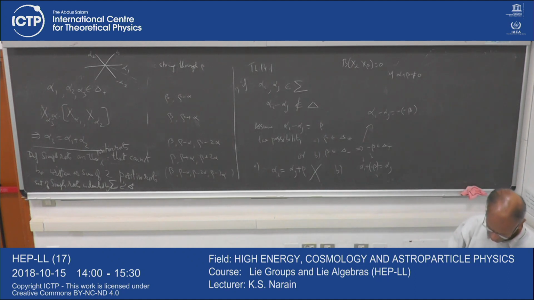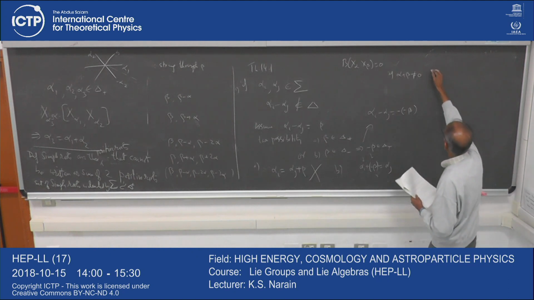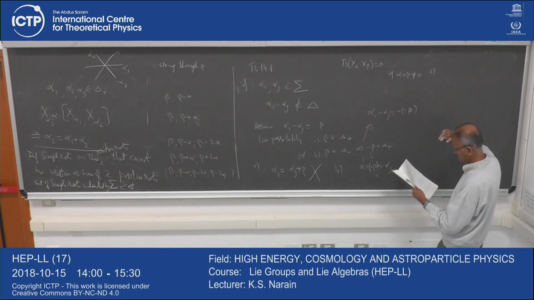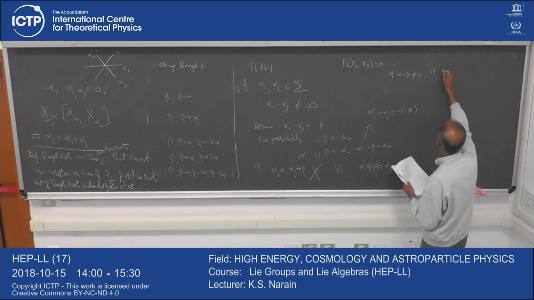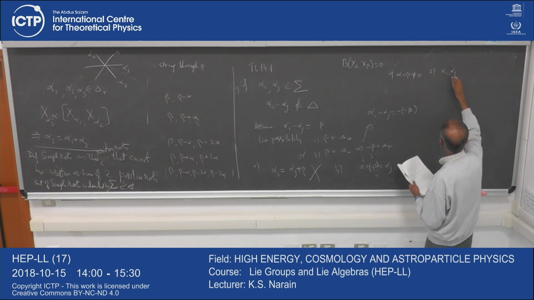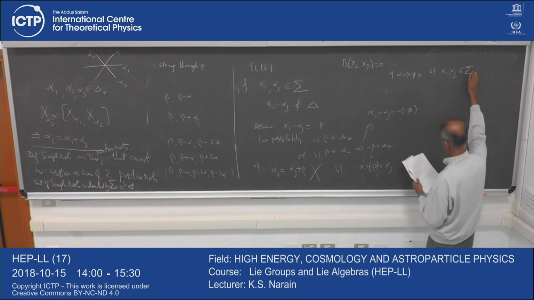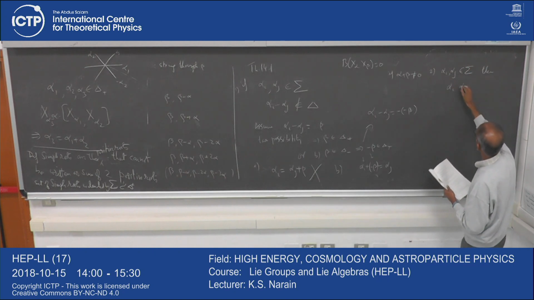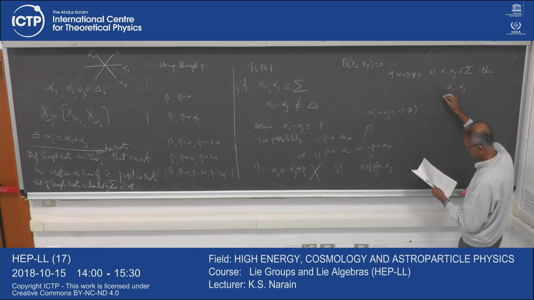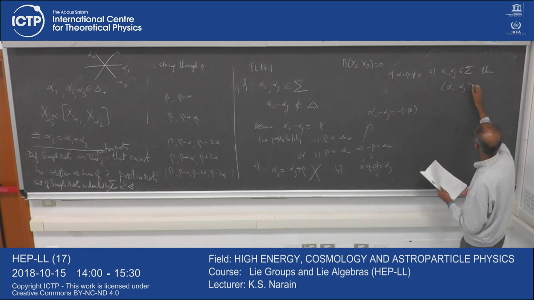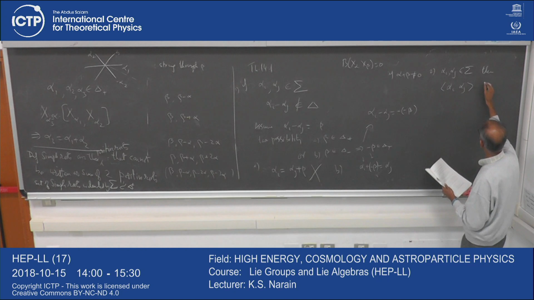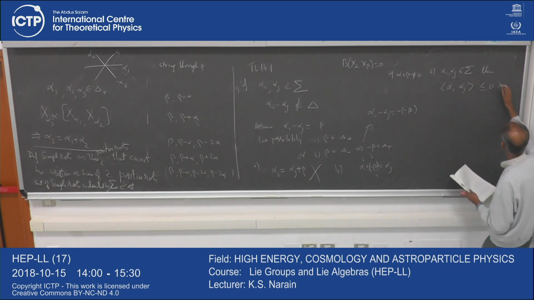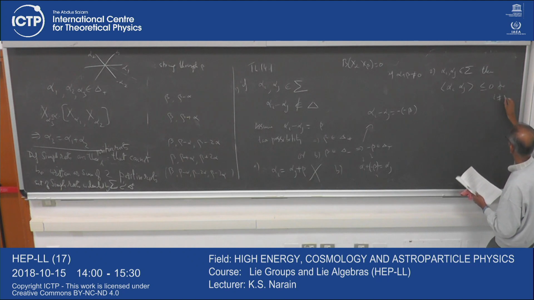Second statement, the second point was, if alpha i, alpha j belong to sigma, then the inner product of alpha i, alpha j must be less than or equal to 0 for all i not equal to j.